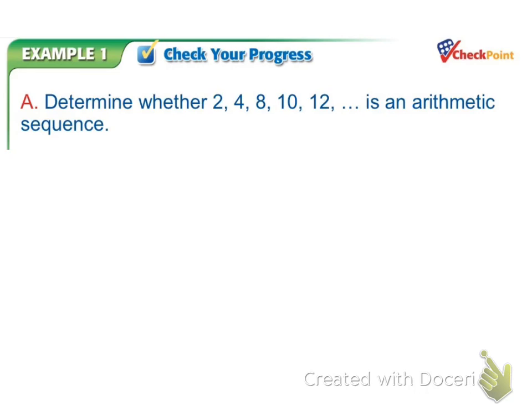The difference here is a plus 2. On the next one, notice that the difference is a plus 4. Then when you go from 8 to 10, that is back to a plus 2, and 10 to 12 is also a plus 2.